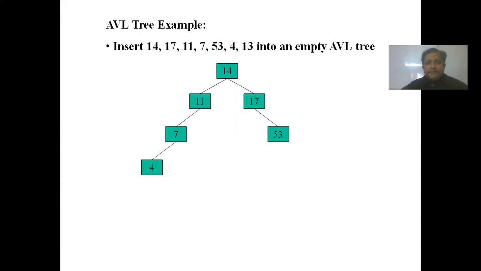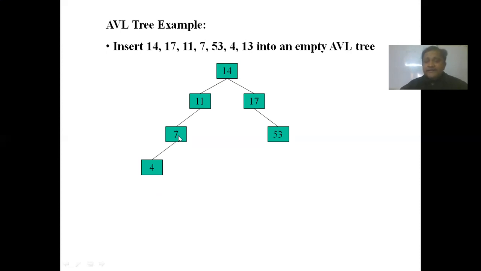13, let's keep till this point, and let's test the balancing of all the nodes separately in a bottom-up manner. 4 is balanced because the balance factor satisfies the criteria: 0 minus 0, that is 0. For 7, the balance factor is 1 minus 0, that is 1, which is also within the range of -1, 0, and +1, satisfying the balancing criteria.